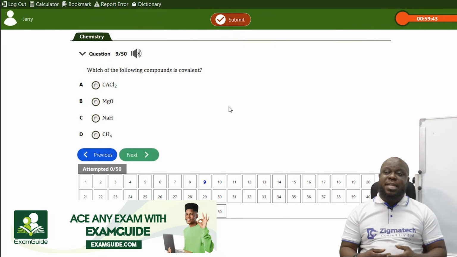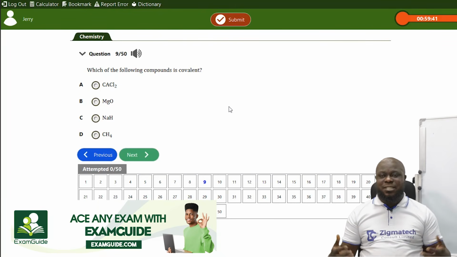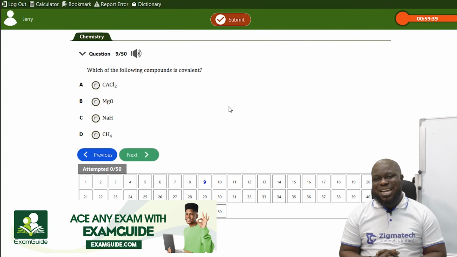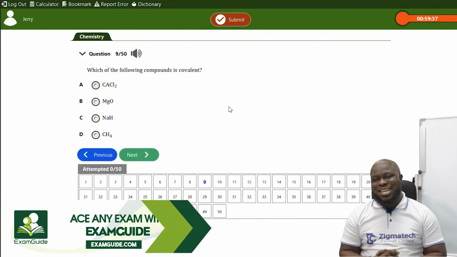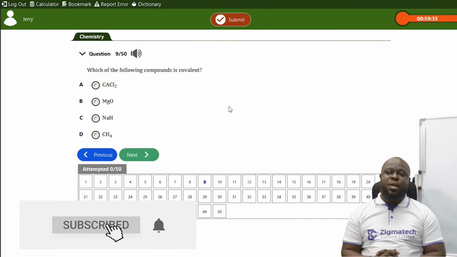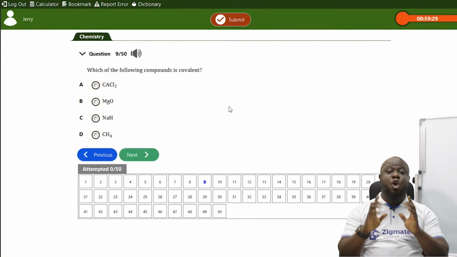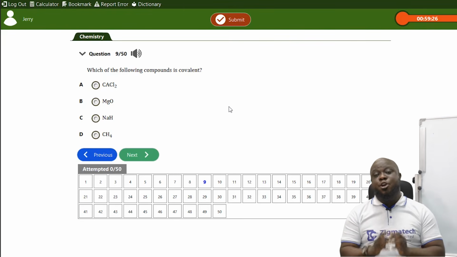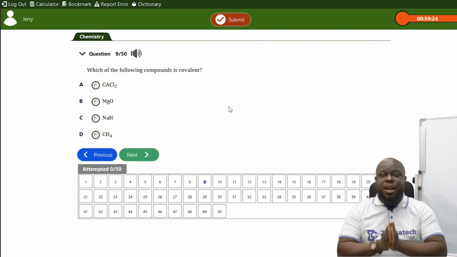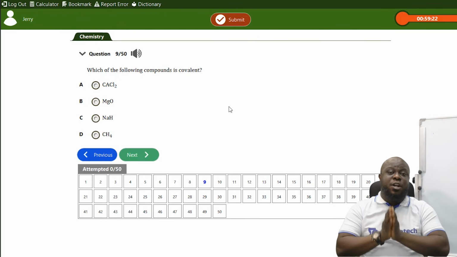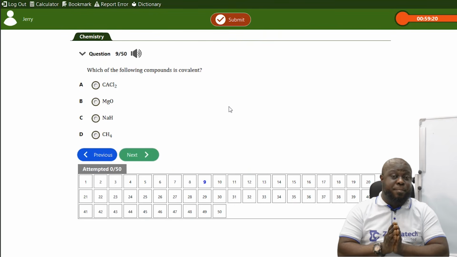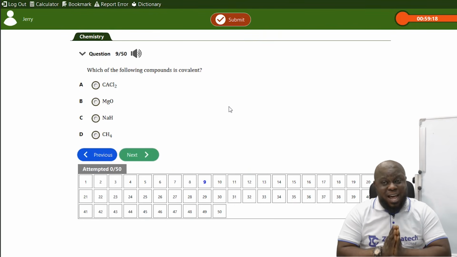It is between gases, not between a metal and a gas. It is between non-metals mostly. These covalent compounds, or molecular compounds, are basically made of non-metals.